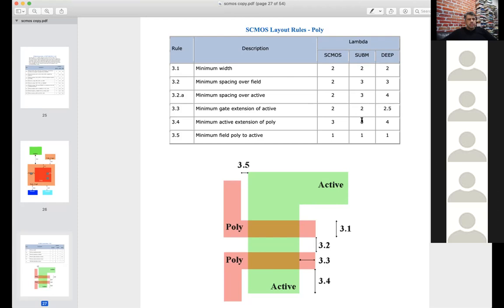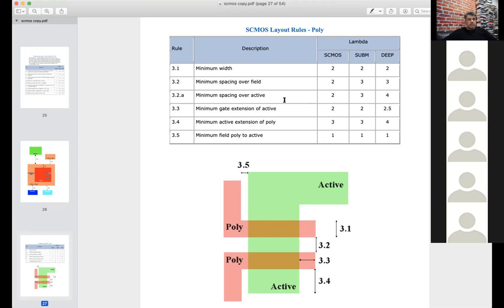I think we're usually in the submicro, but I'll let you know. For each one of these, there is a minimum width rule. So this is 3.1, the minimum width of poly. It's 2 lambda.